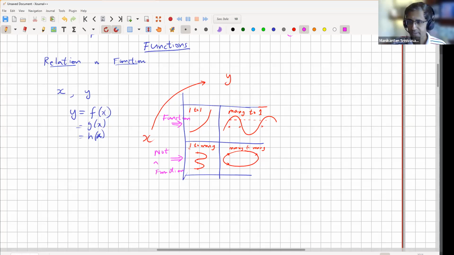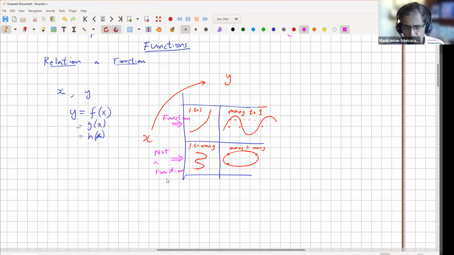Relation is, as the simple English word says, a relationship between an independent variable X and a dependent variable Y. And if the relationship is such that it's one-to-one or many-to-one, such a relationship is called a function. A subset of all possible relationships is functions, which is one-to-one or many-to-one.